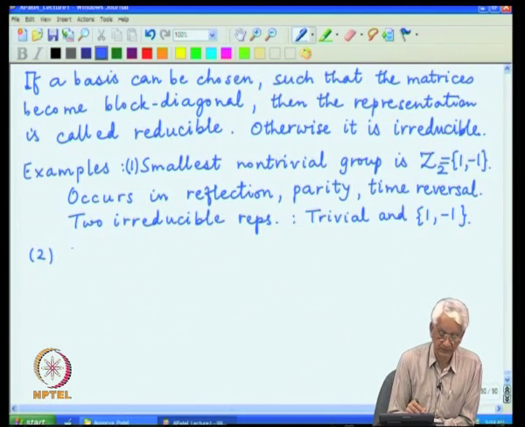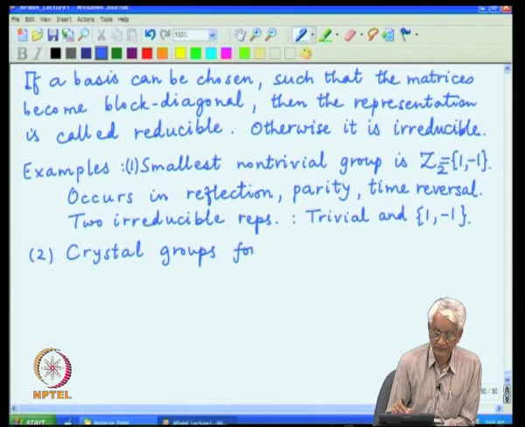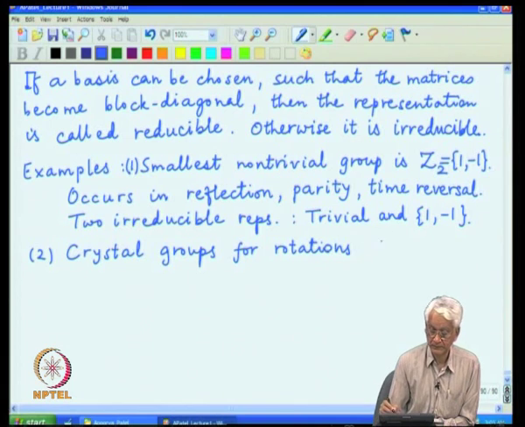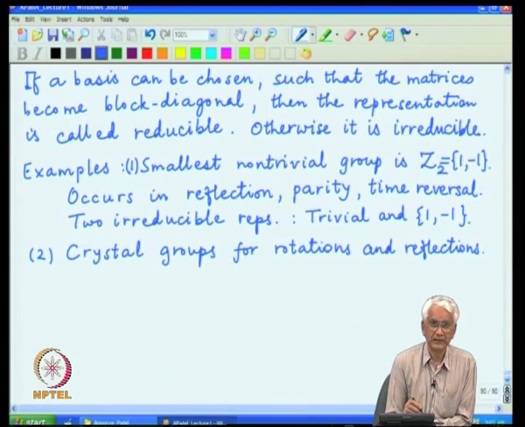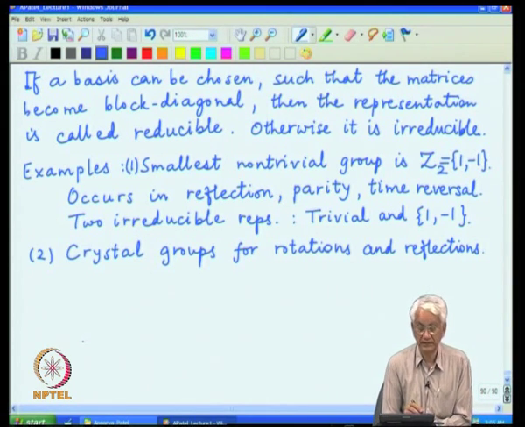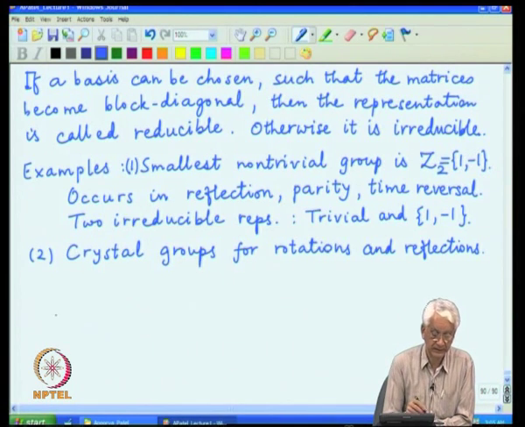For a finite set of objects, there are many of the so called crystallographic groups for rotations and reflections. They are certain discrete operations which can be combined together.